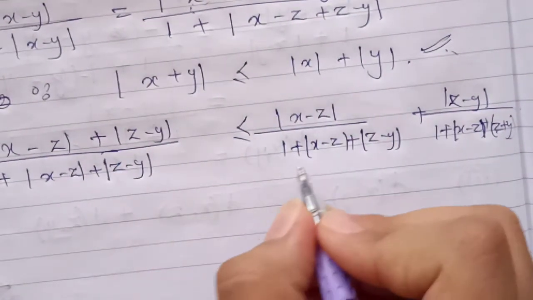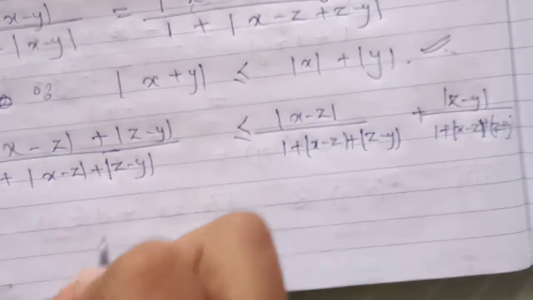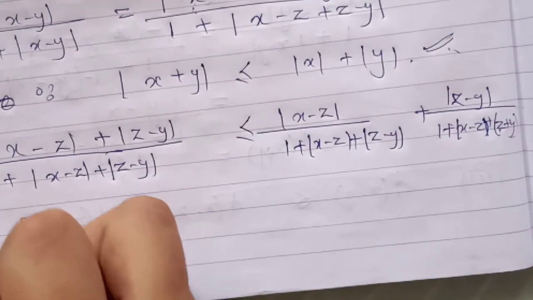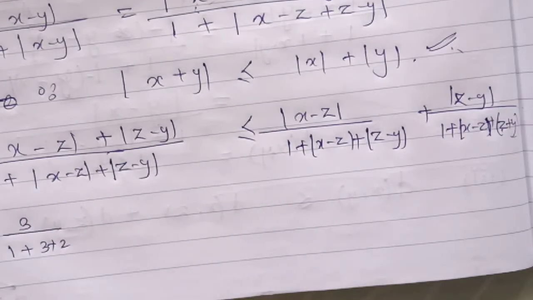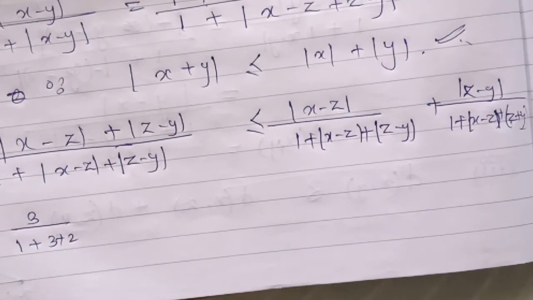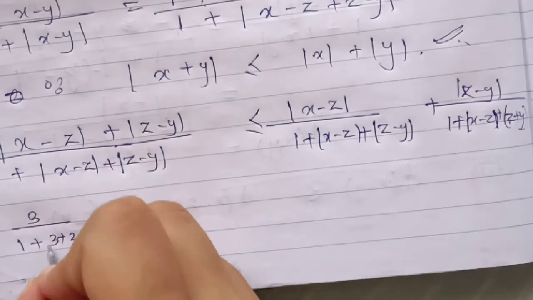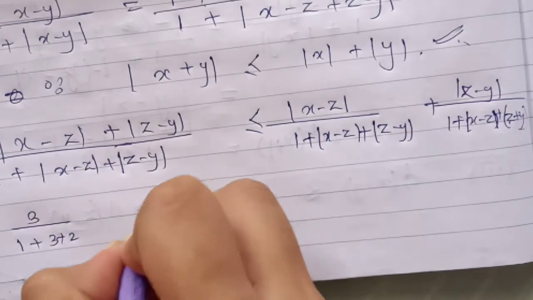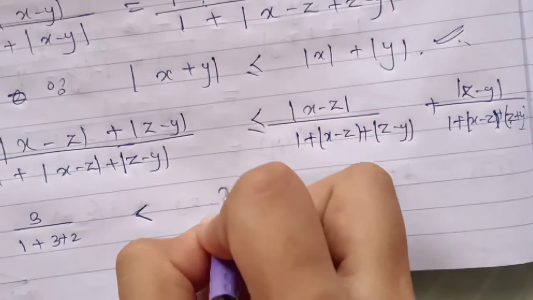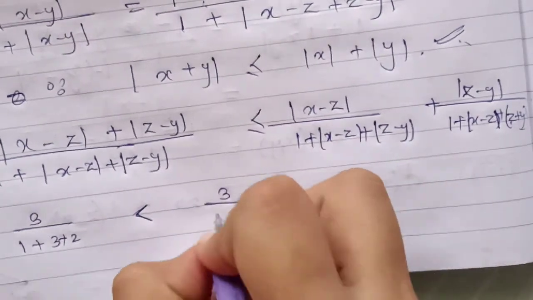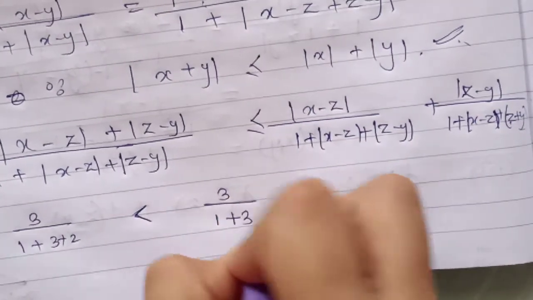Now see, if we have 3 upon 1 plus 3 plus 2, just suppose, then it is always less than 3 upon 1 plus 3.